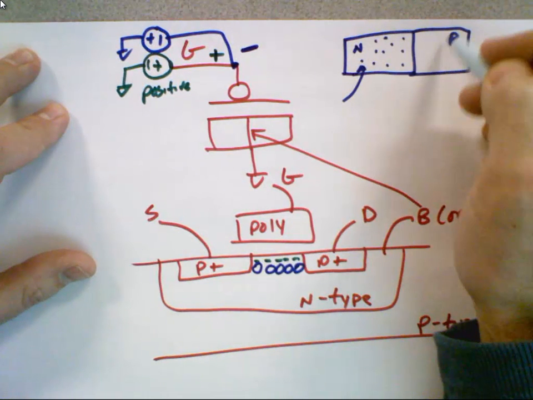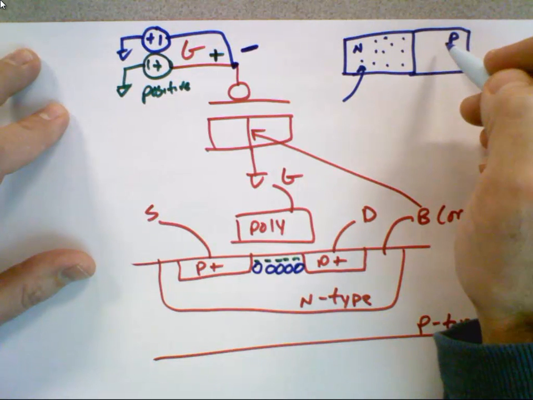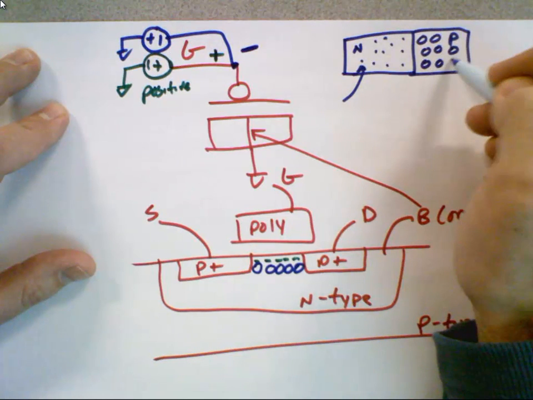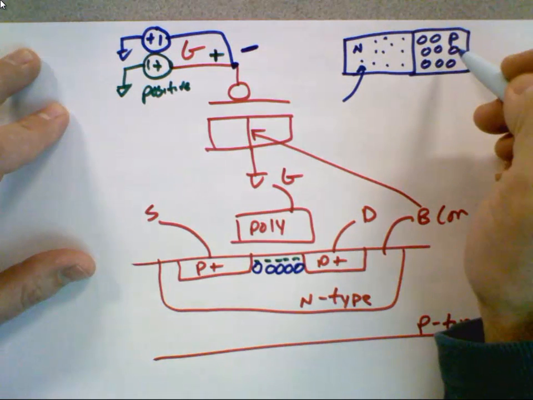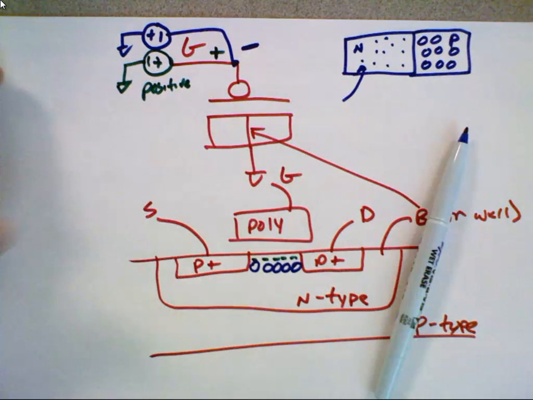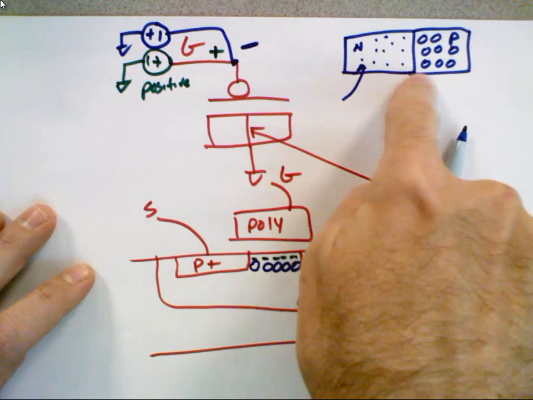When I make a p-type, I add an atom like boron with 3 valence electrons, and it leaves a vacancy or hole in the valence band. Electrically, it's neutral. Every atom I put in there has an equal and opposite positive and negative charge. So even though I have an abundance of electrons here, an abundance of holes here, they're still electrically neutral.